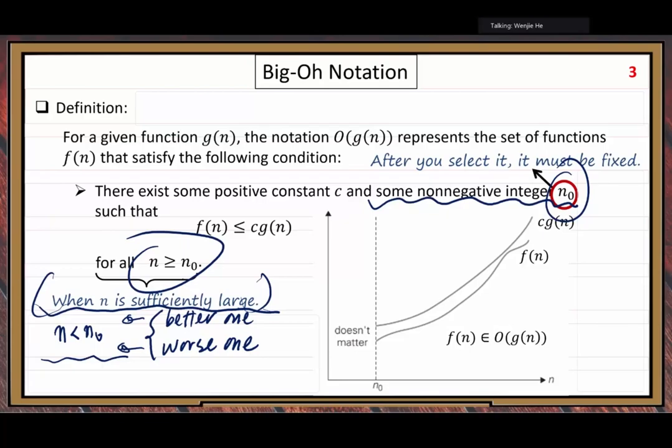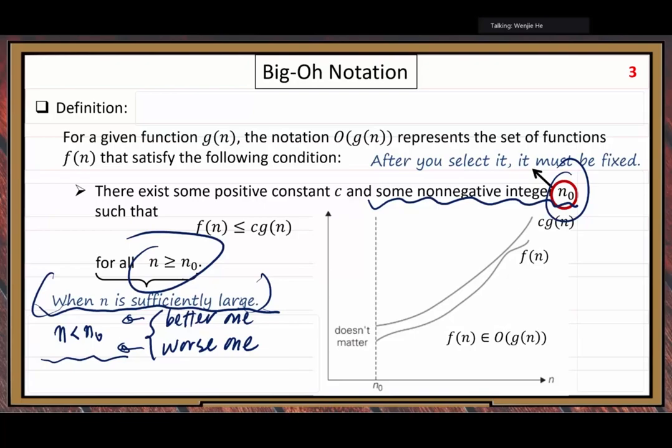To get an upper bound of the f function, we can use a multiple of the g function. If your c value is not big enough, you can raise it, make it larger. But your goal is to make it cover the curve of the f function.